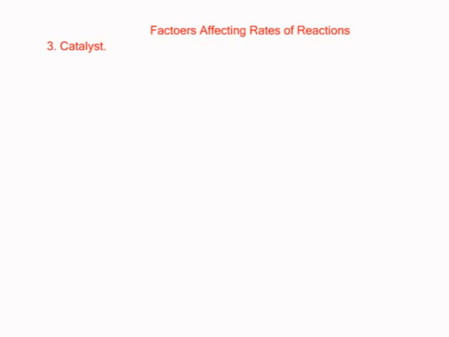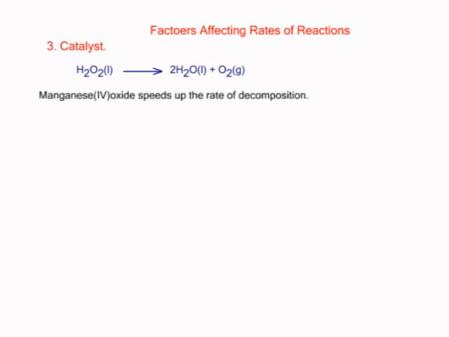When hydrogen peroxide is left on its own, it slowly decomposes into water and oxygen gas according to this equation. However, this process is slow and the amount of gas produced at a given time interval is very small. However, when manganese(IV) oxide is added, the decomposition is quite fast and a large amount of oxygen gas is generated within a short time interval.